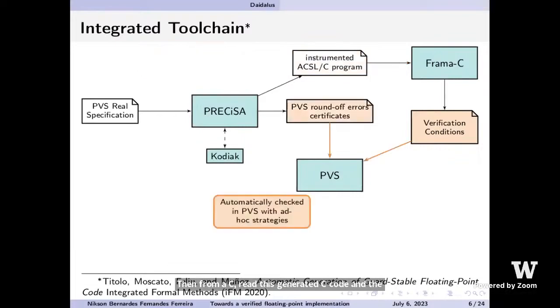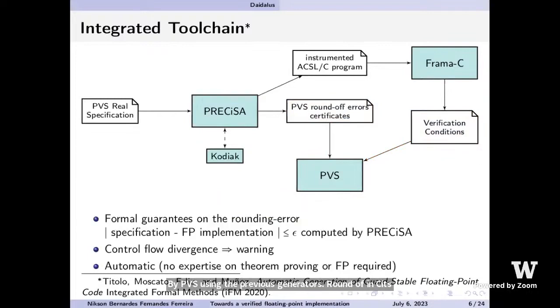These verification conditions are automatically proved by PVS using the previously generated round-off certificates and ad hoc strategies. So at the end, we have a floating-point implementation that has formal guarantees of its round-off error bound and emits a warning whenever a control flow divergence may occur, and it is automatic. That is, no expertise in floating-point or theorem proving is required.